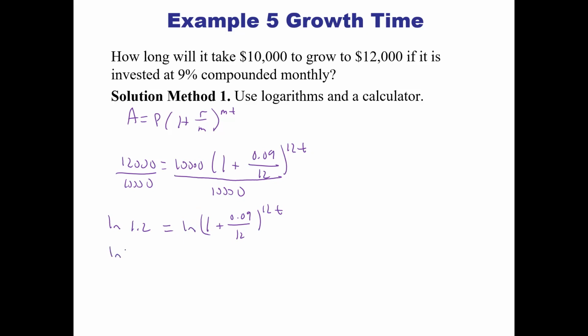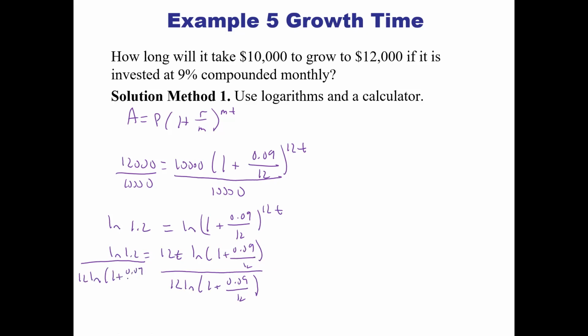So then we have ln of 1.2 is equal to 12t ln of 1 plus 0.09 over 12. Now we can divide everything by 12 ln of 1 plus 0.09 over 12, and that should give us our t value.